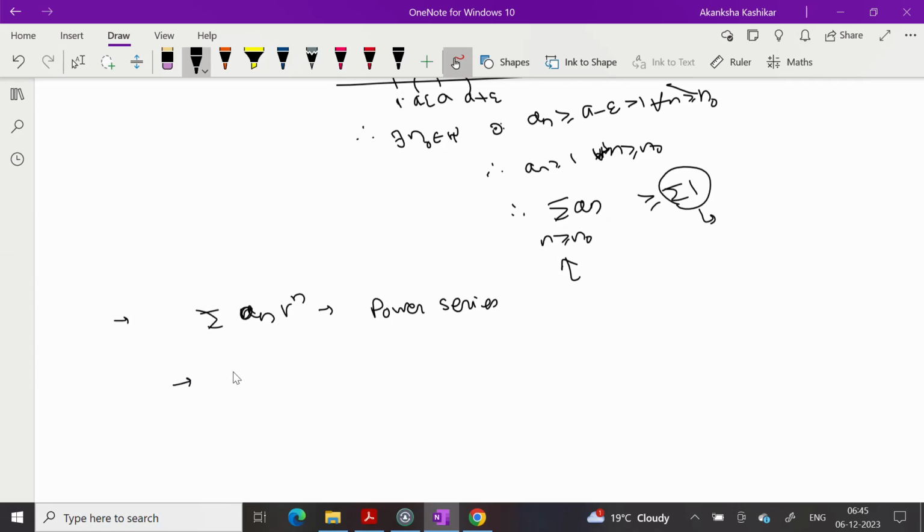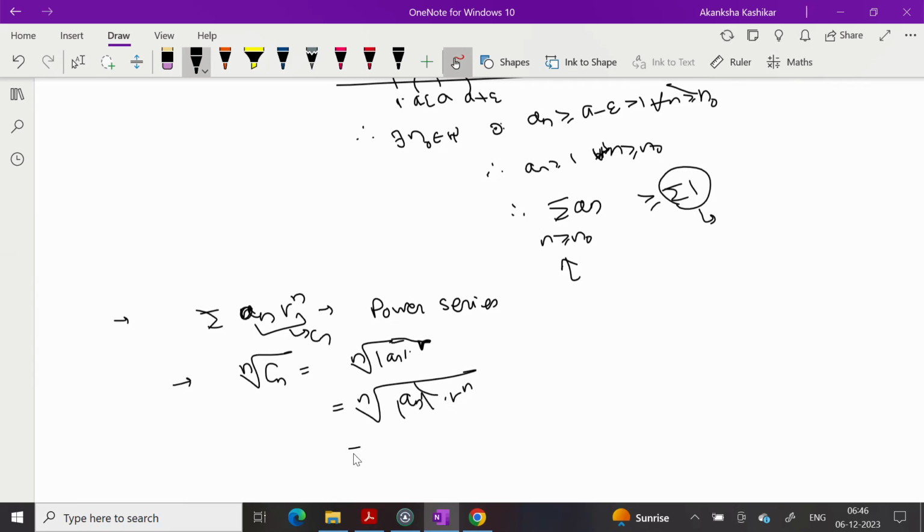If I apply the root test, what do I get? If I call this entire term c_n, the nth root of it will be the nth root of mod a_n into r raised to n, which is nothing but the nth root of mod a_n into r.